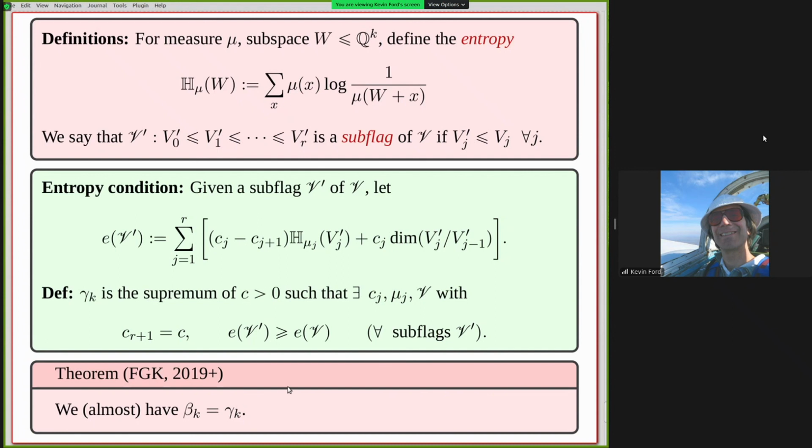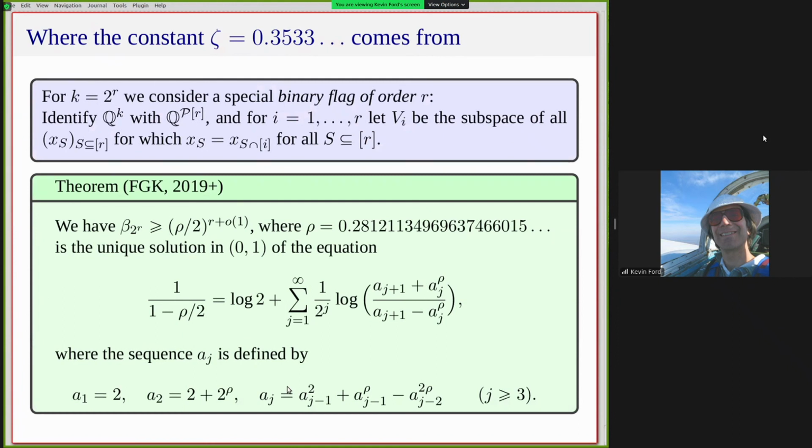Now, to explain where the special constant zeta comes from, well, now we have all this set up. We were considering very special flags of vector spaces, which have a great deal of structure. And in fact, here's a definition of that flag. It's a very compact definition, which hides a lot of the structure.